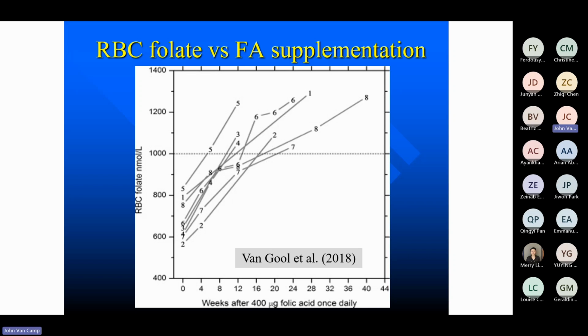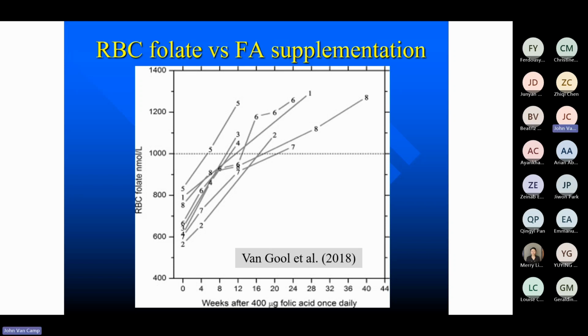If you reach that level, we can assume that the risk for obtaining neural tube defects is low. And all the numbers that you see are studies that were published in literature before and after giving the supplements, to see how fast folate levels increase in the blood.